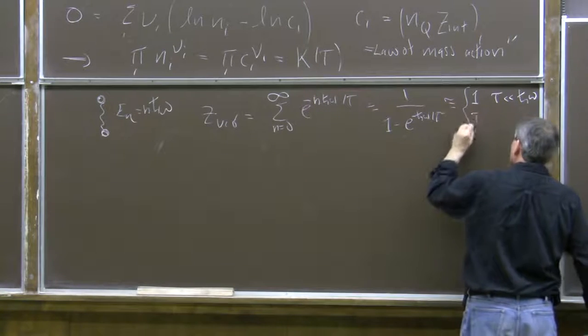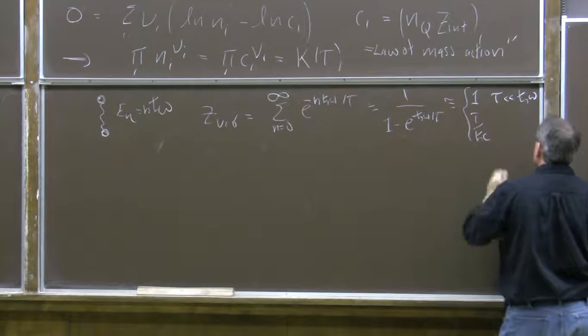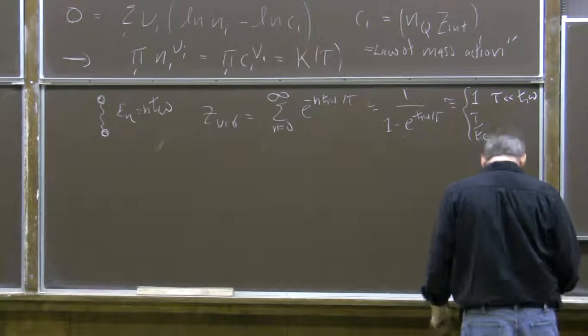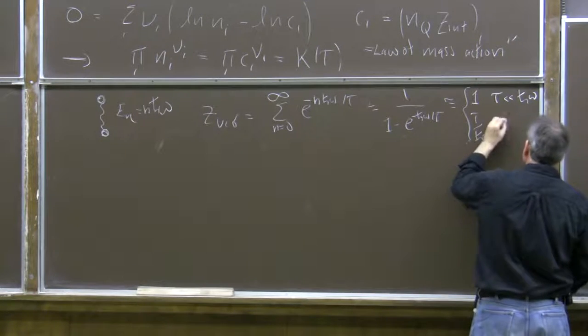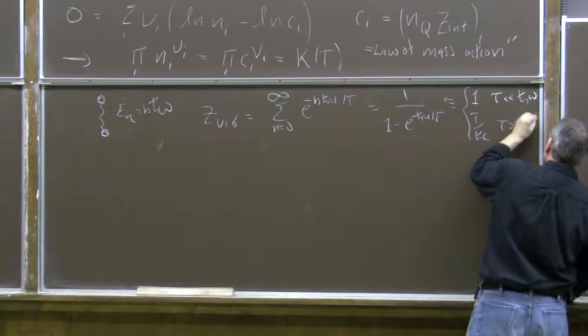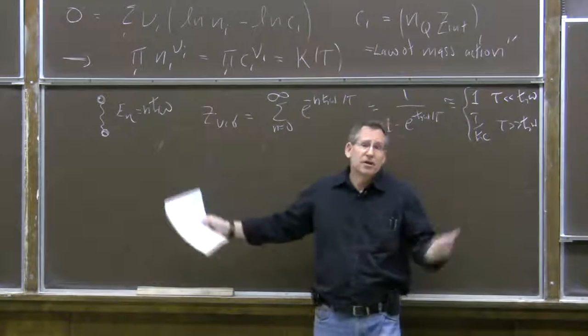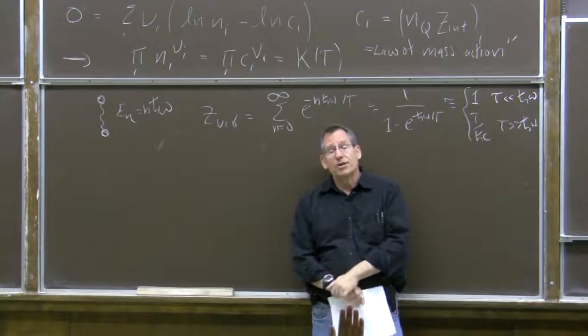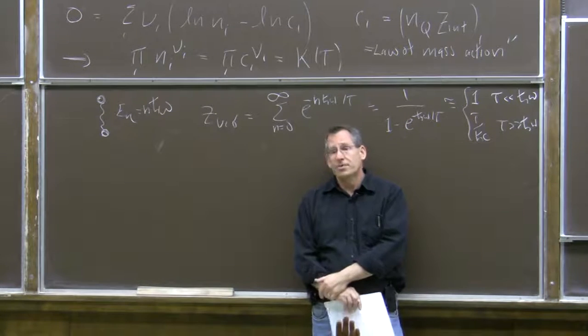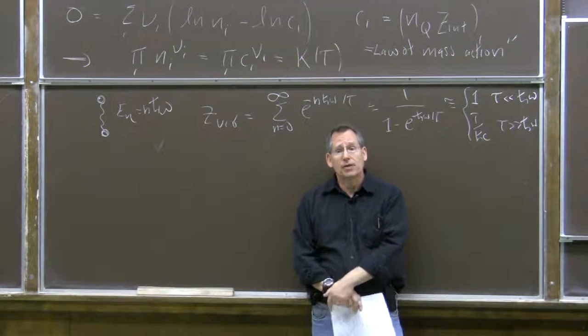And I'd have tau over h bar omega in the high temperature limit, tau large compared to h bar omega. So when the temperature is small compared to the vibrational energy level spacing, we say the vibrations freeze out. The vibrational partition function becomes just 1. We can think of the molecule as being in its vibrational ground state with high probability.